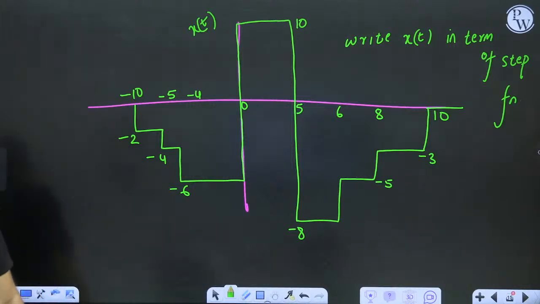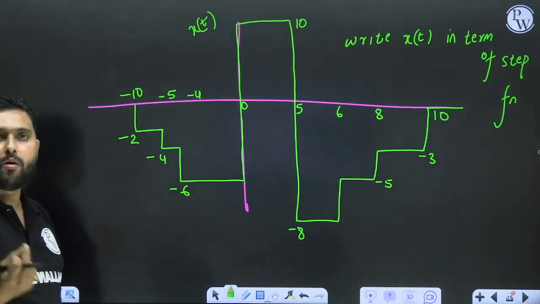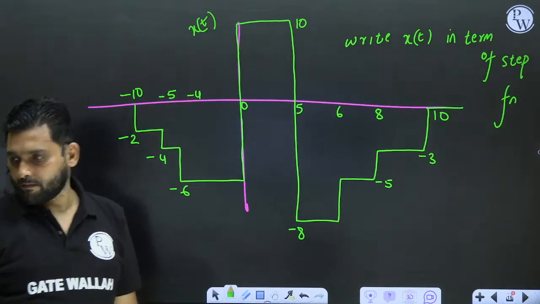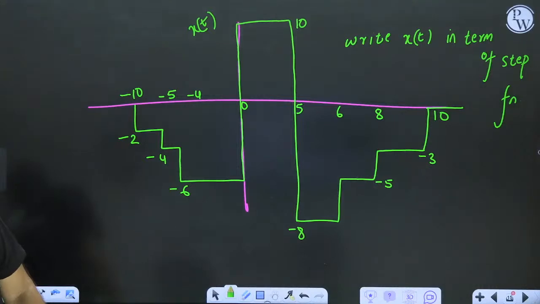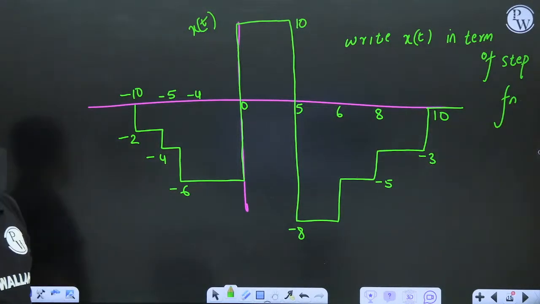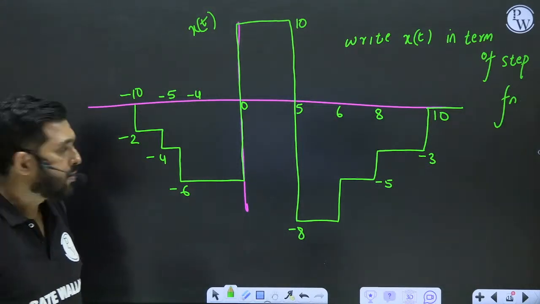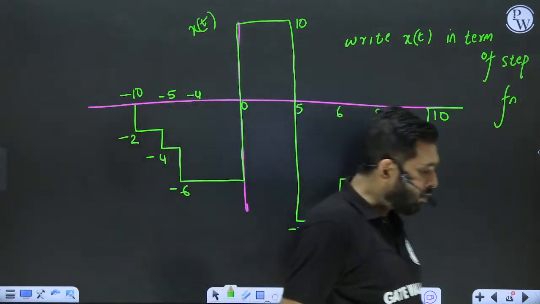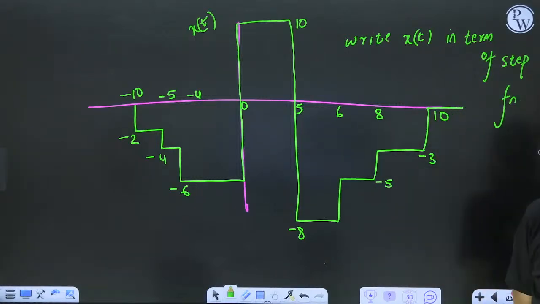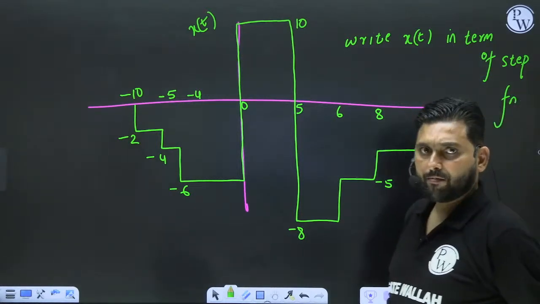Come on, do it. I am giving you 2 minutes. Now count the jumps and write the function in terms of step functions.